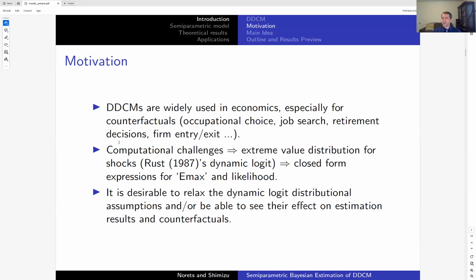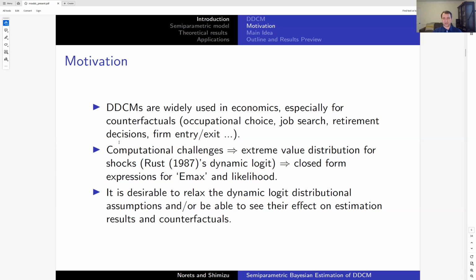Specifically, if you use extreme value type 1, or Gumbel, same thing, distribution for these utility shocks, then we can integrate these shocks analytically in the likelihood function. It's going to be just multinomial logit-like probabilities: exponent of the deterministic part of the value divided by the sum of the exponents.